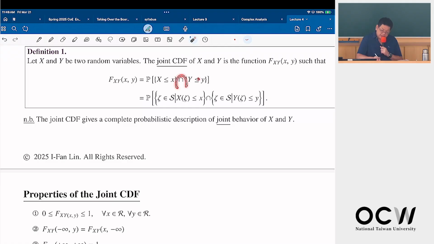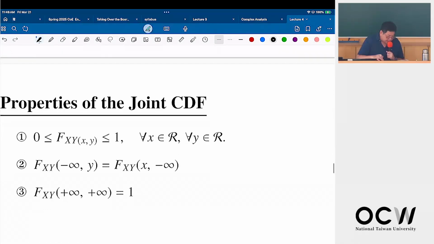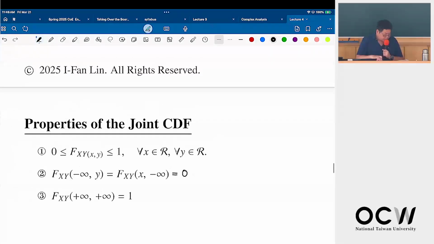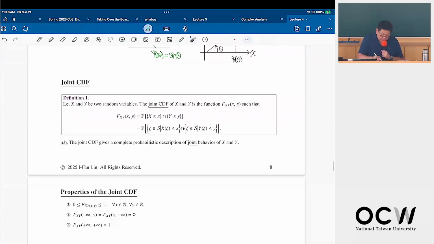Intersect something will still be an empty set. So this CDF is 0. And then if they are both infinity, they include everything, then the CDF is 1.